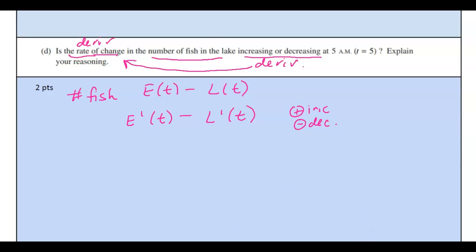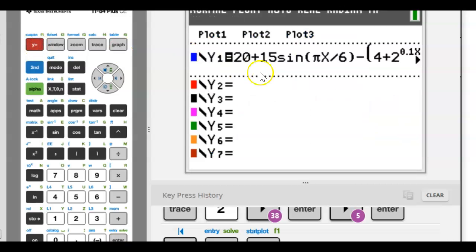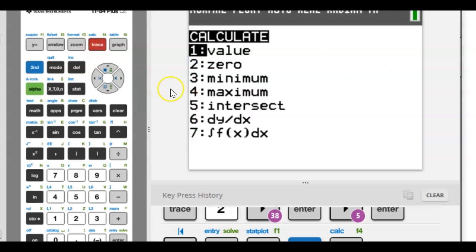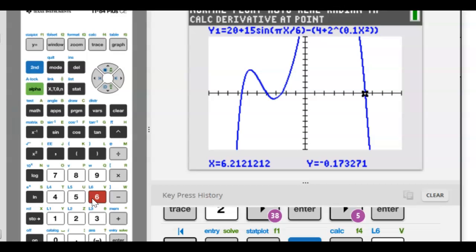So the nice thing is if you bring up your calculator again, remember, in your equation, you already have E minus L. So if you want to know the derivative value when t is 5, then we can plug that in. So I'm going to go to second calc. Now we want to know a derivative value. So we're going to type in 6. Okay.